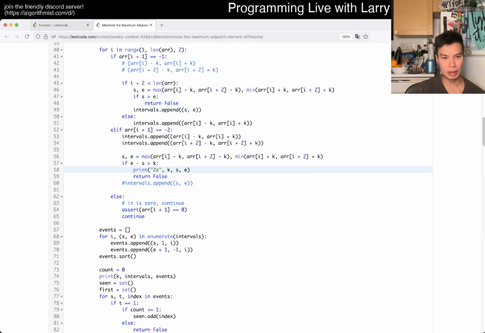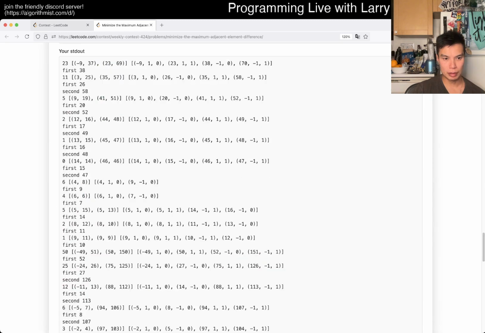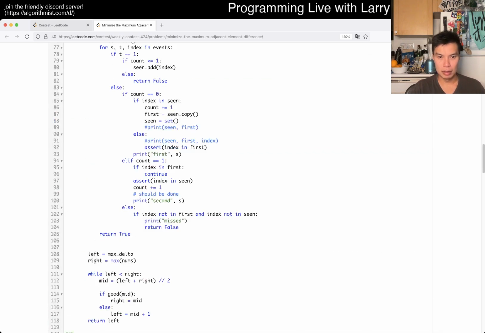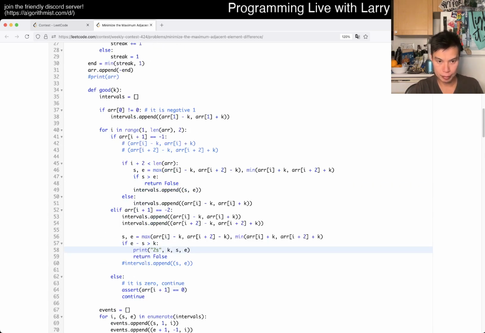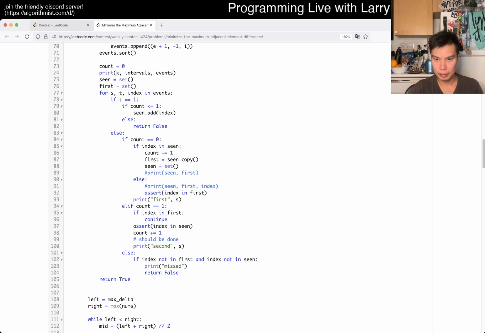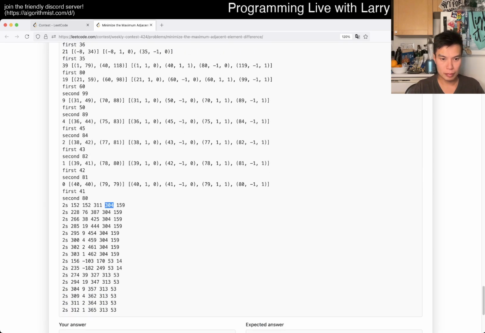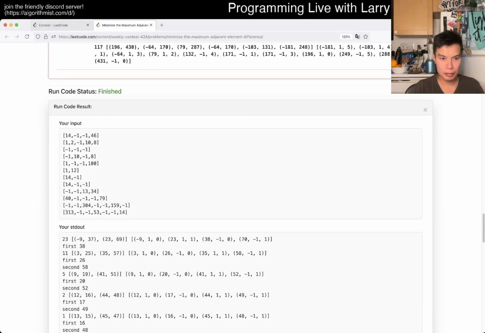If the gap is too big, then it's no good, right? Okay, so if it's 156, I'm looking at the wrong numbers, that's why.